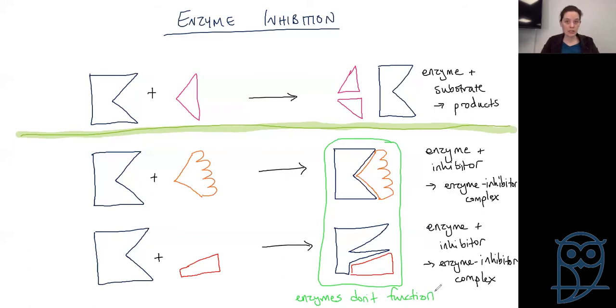So this is how inhibition happens, okay? Either we block the active site, like our orange inhibitor, or we bind somewhere else on the molecule and we then distort the active site, like our red inhibitor. In either case, our substrate can't connect with the enzyme, and therefore the enzyme can't do its job. Because enzyme inhibition is all about reducing the rate of the reaction.